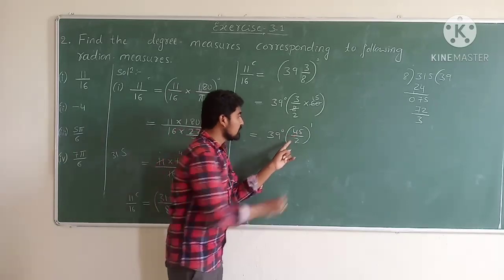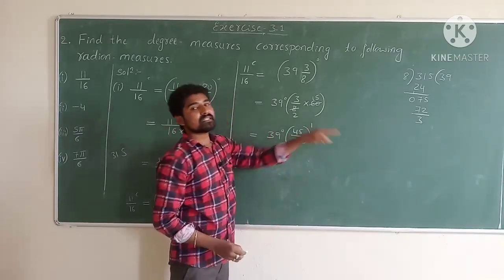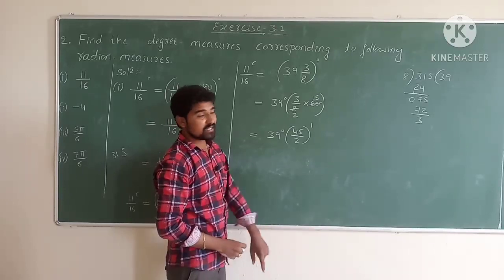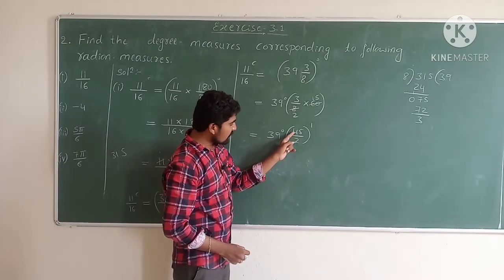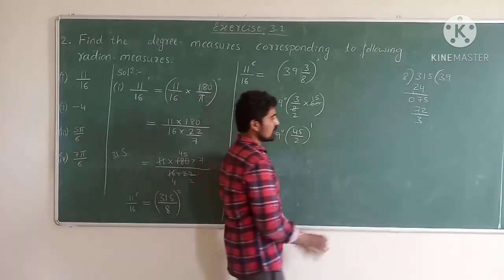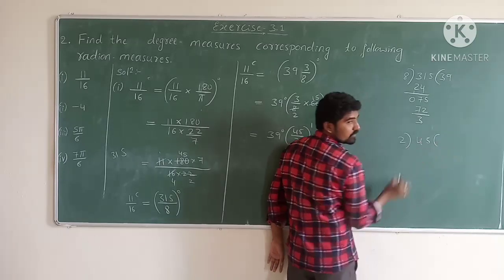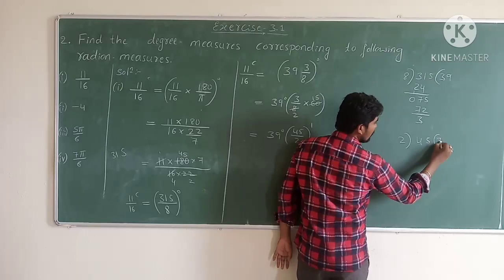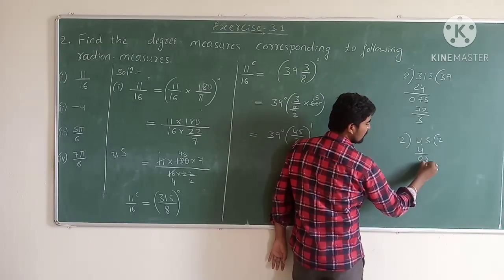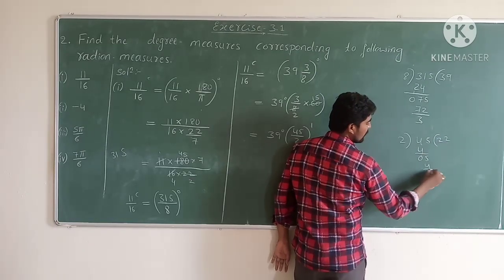Now these minutes are split into seconds. So for that we need to divide 45 by 2. So 2 2s are 4, cancel 5, 2 2s are 4, remaining 1.